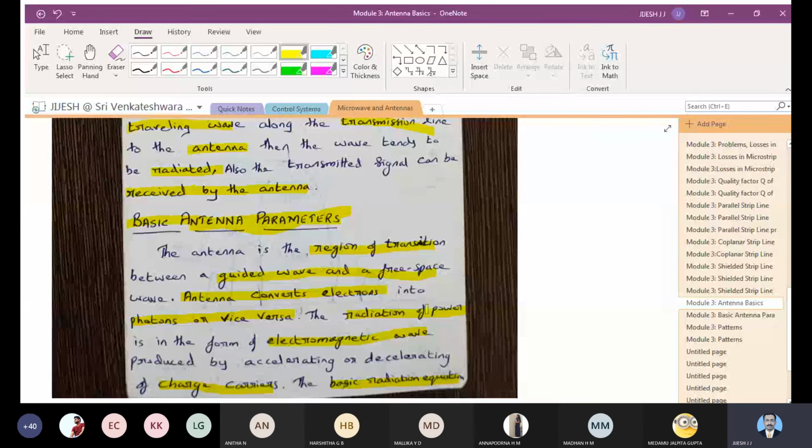We also have an equation to find out the radiation, the basic radiation equation, how much radiation is getting generated, or what signal strength is available. All those things can be calculated. We have a few equations further, but very nominal equations, not too many in this part of the module.